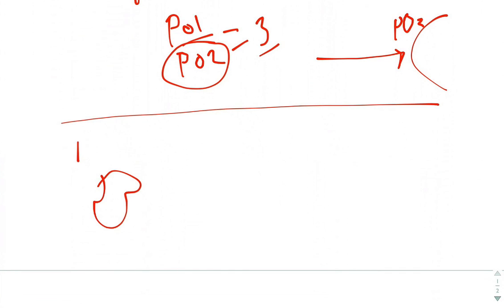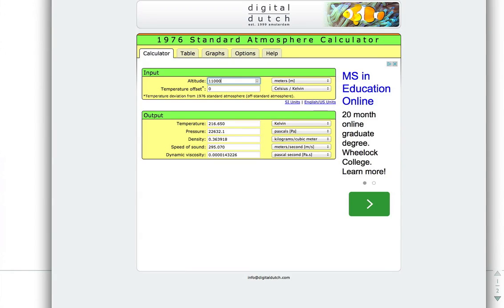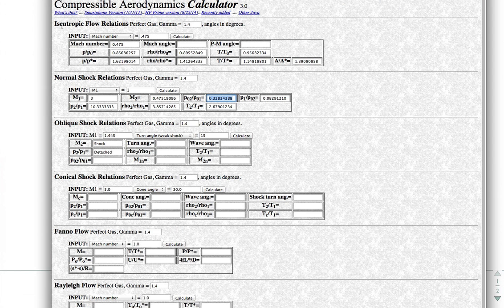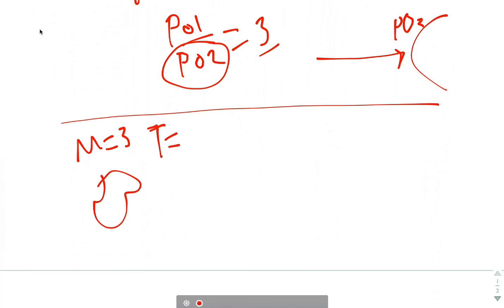Here's the parcel moving at Mach 3. The temperature of that parcel is the atmospheric temperature that we calculated. 216, call it 217 Kelvin. What is the stagnation temperature here? Again, we go to our isentropic Mach relations.